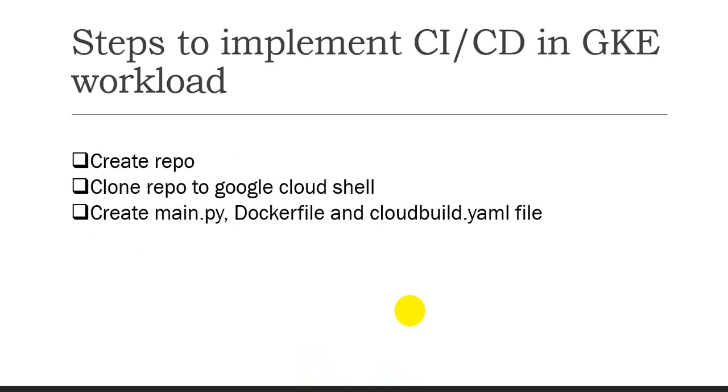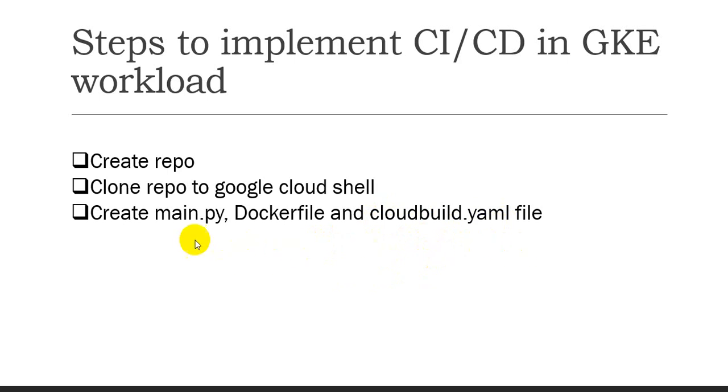Before creating the automated process, we have to create the repo. Whatever source code we have written, we have to clone into the repo. And we also have to write the cloudbuild YML file. In the cloudbuild YML file, first of all we have to clone our source code, then build the image, and once the image is built, it will update the image in our workload.